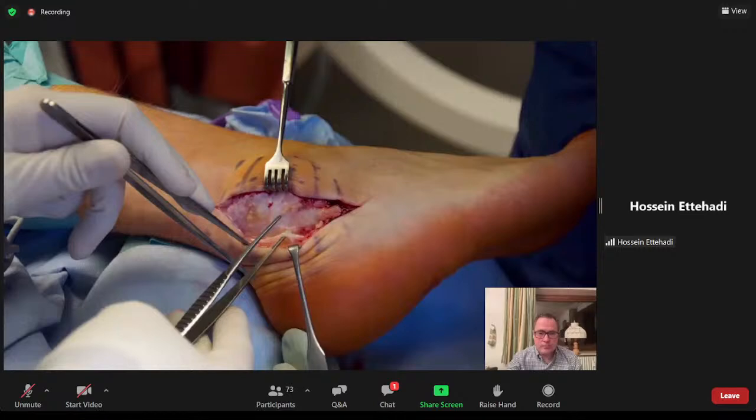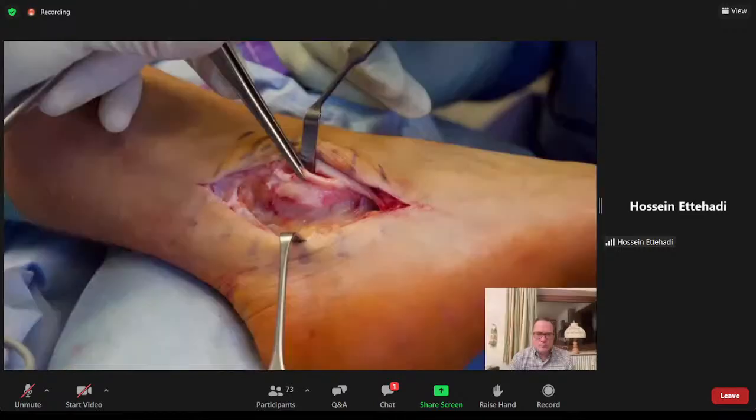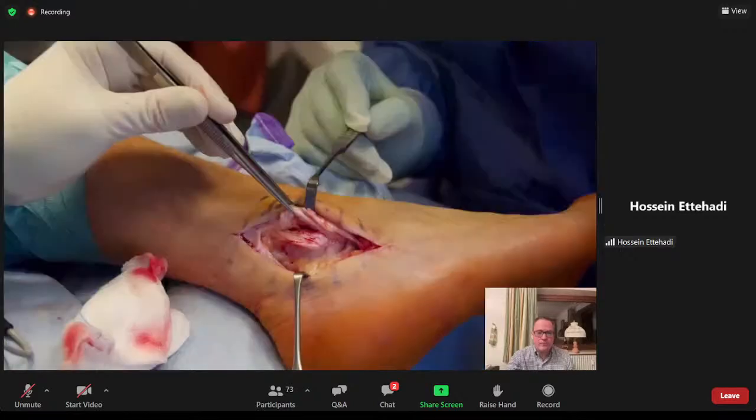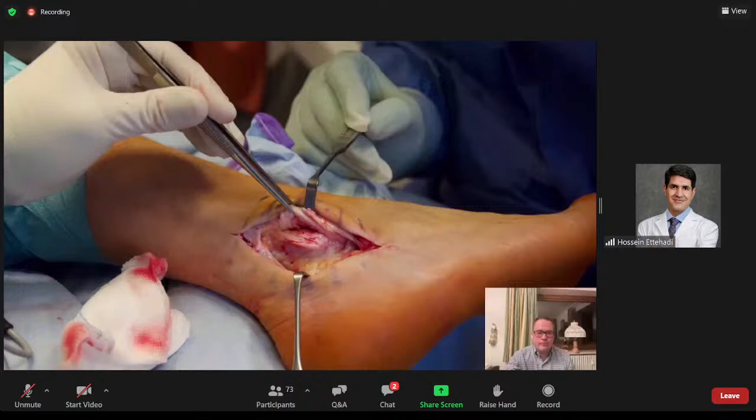I identify the sural nerve and make sure that I do no harm to it. Then I open the tendon sheath just posterior to the distal fibula, and it is quite enlarged because of the recurrent luxation of the peroneal tendon. Then I just lift it off the bone to make sure that I can identify the distal fibula properly.